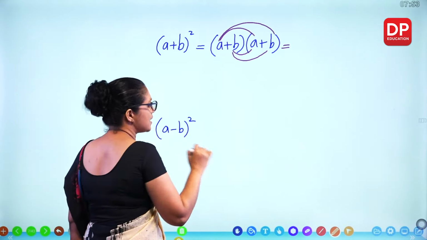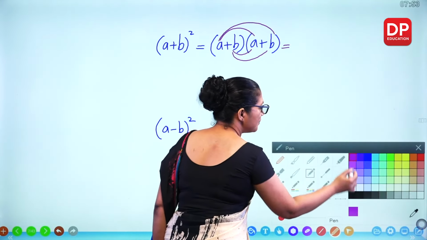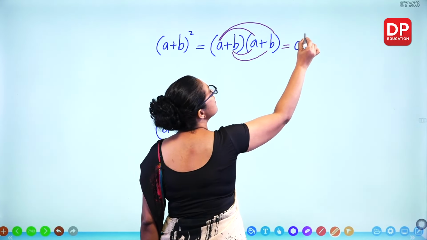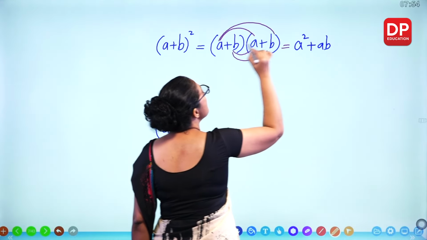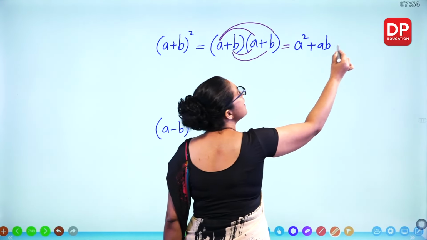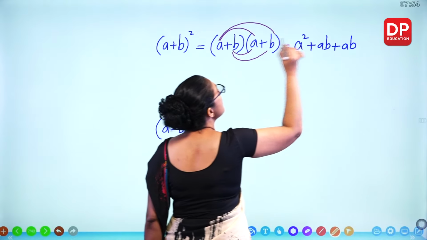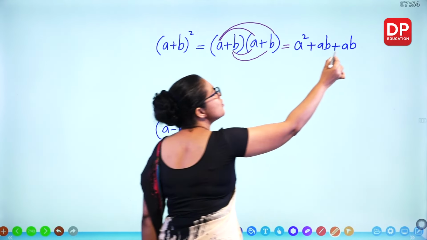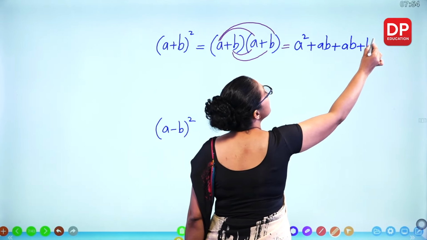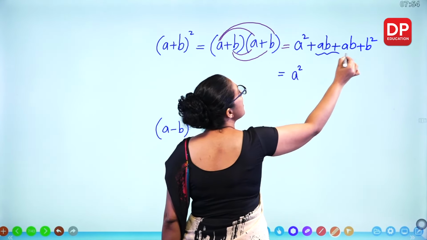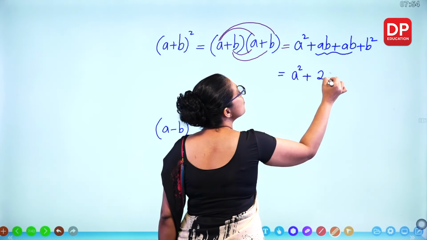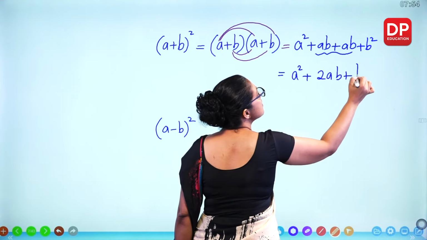So what you get? a with a, a squared. a with b, plus ab. b with a, or ab, you get same thing. b times b, you get b squared. Now add and see what you get. These two I can add and write 2ab plus b squared.